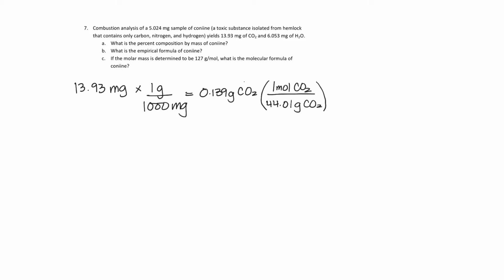From the moles of carbon dioxide, we can now find the moles of carbon within that compound using the molar mass of carbon. We now know that there are 3.79 milligrams of carbon in this sample of conine.